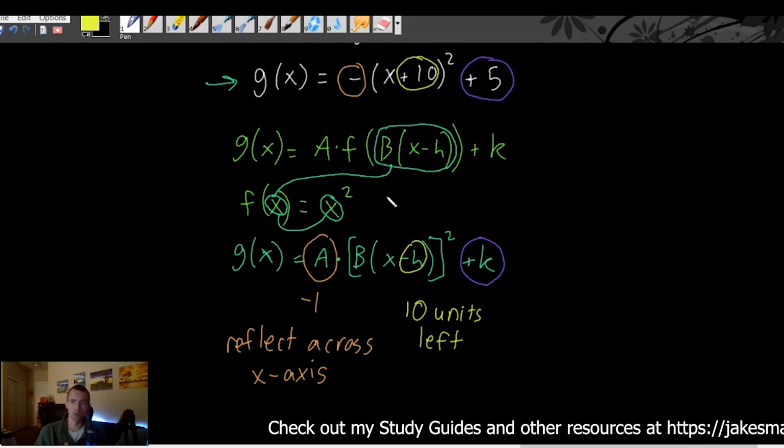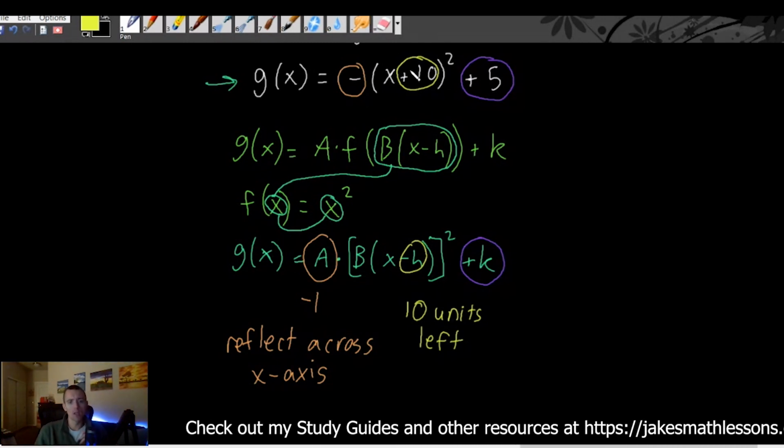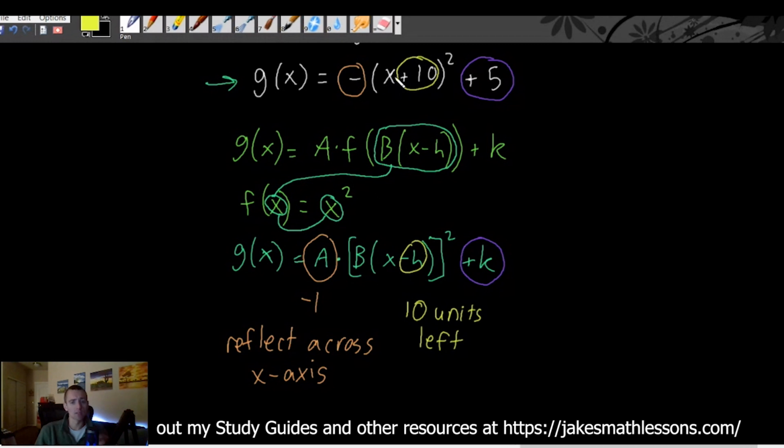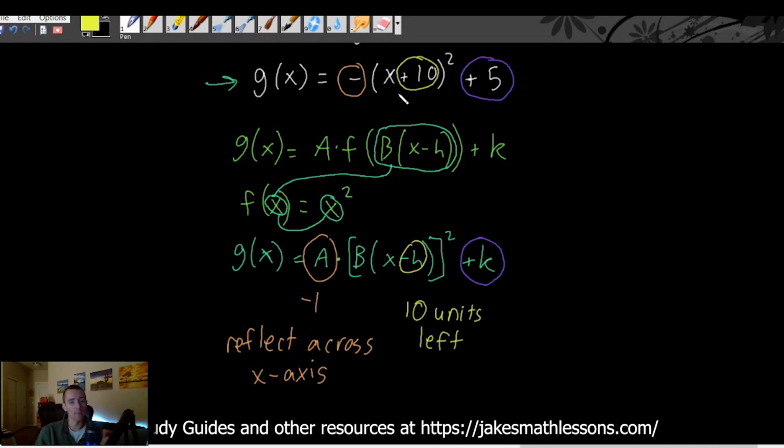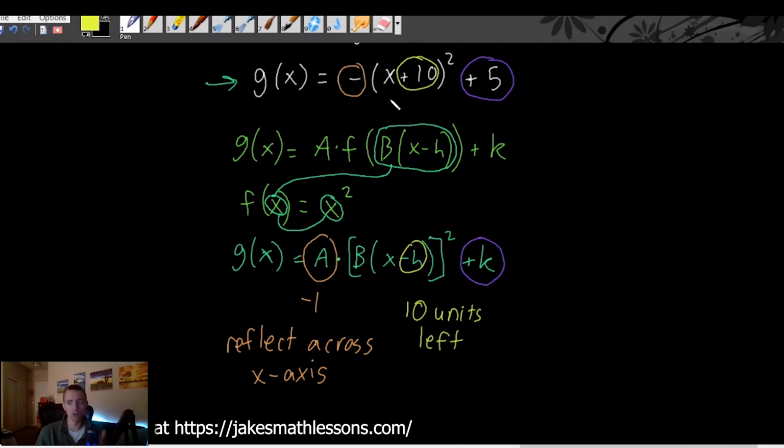That's something, again, you want to be very careful about. If you have x plus some number, you're going to move that many units to the left. If you have x minus some number, you're going to move that many units to the right. So it's going to be a little deceiving. It's always going to behave in the exact opposite way that you would expect it to just by looking at it. Plus means you move in the negative direction, minus means you move in the positive direction.